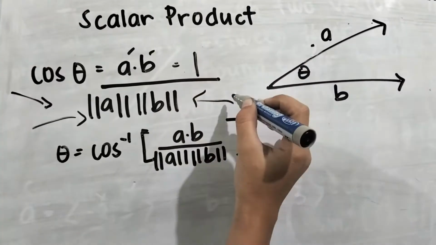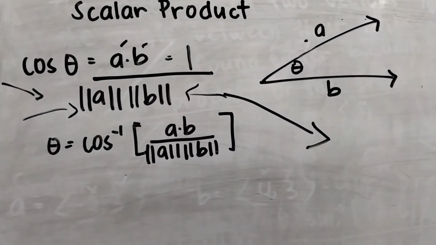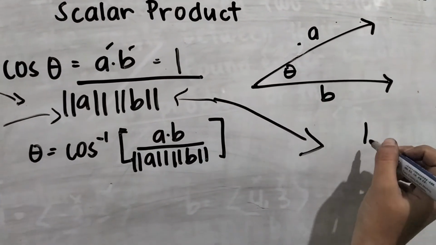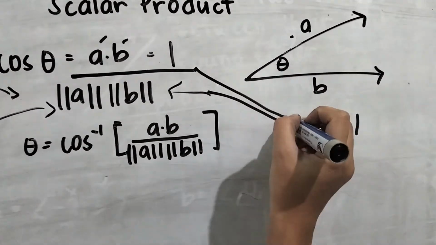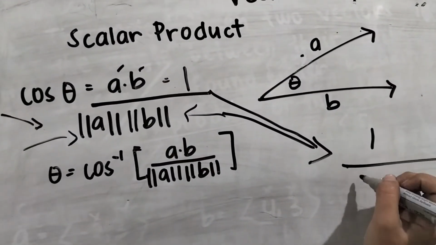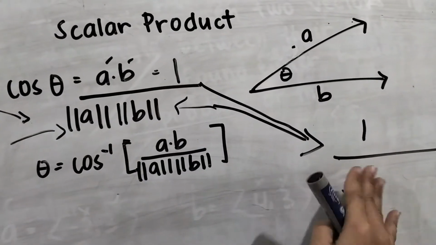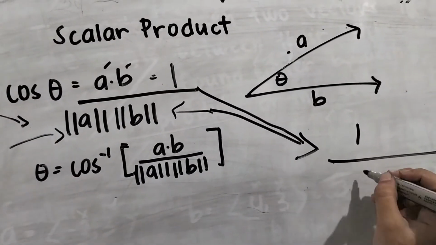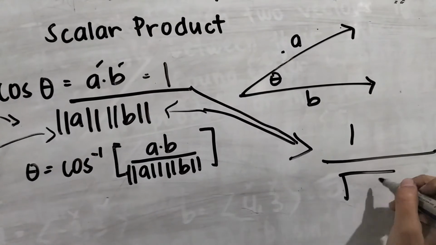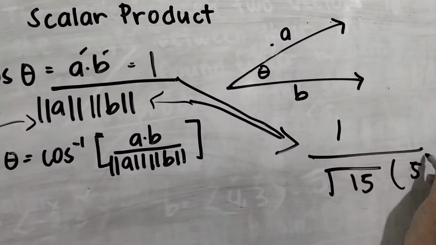Then this one is 1. Okay, let's just transfer it into 1 over 5, square root of 13 and 5.